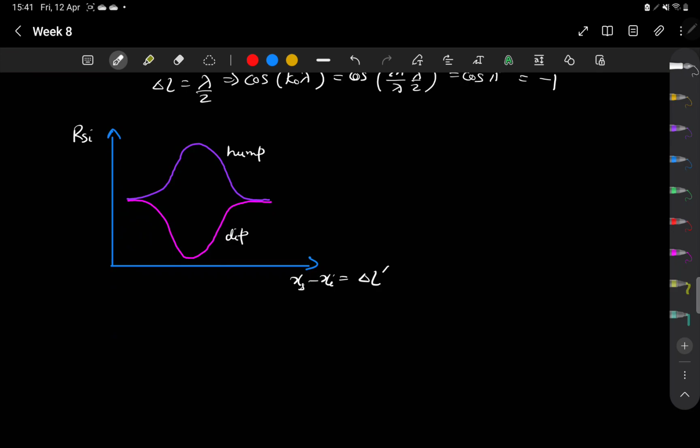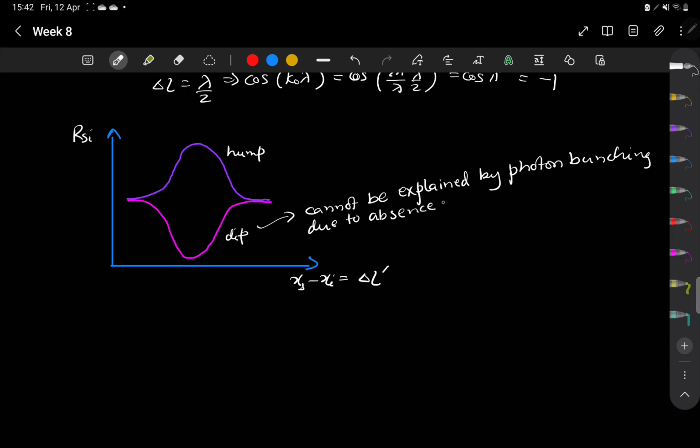Also, this dip cannot be explained by the photon bunching effect. Why? Because there is no beam splitter here. The photon bunching effect was valid for a beam splitter.